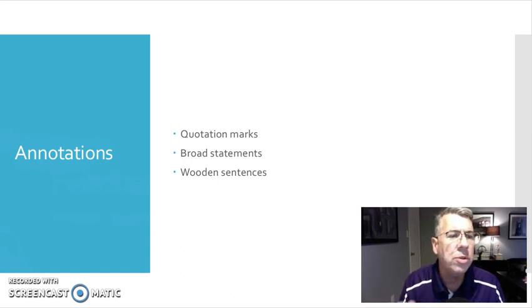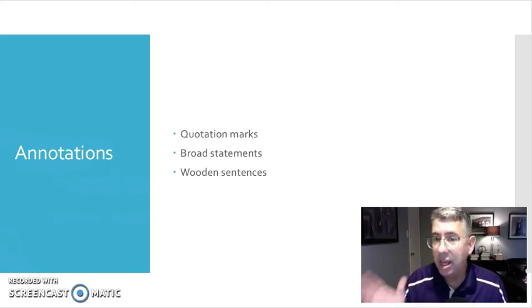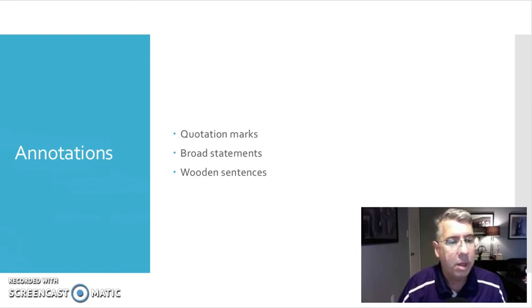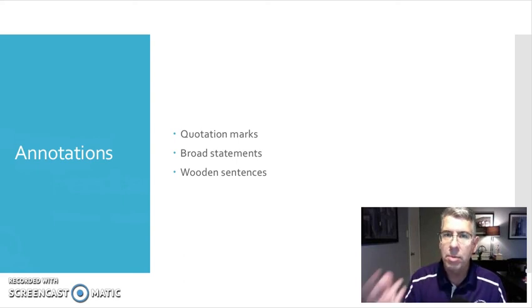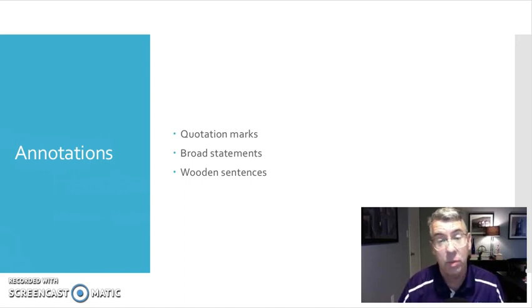And when I say use wooden statements, what I'm actually saying here is this might not be great poetry. What you're actually doing here is saying, listen, I've got an annotation. I'm not worried about flow. I'm not worried about this being good literature. I'm worried about getting information out of the source and into my annotation so that I can extract it from my annotation when I need to.